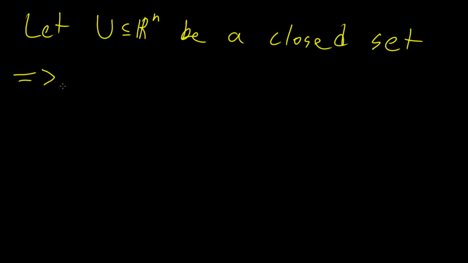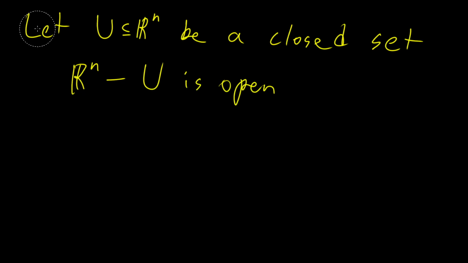It's closed if the complement is open. So if R^n minus U is open. So I guess this is actually backwards. We should write it like that. So the definition of a closed set is a set such that its complement is open.